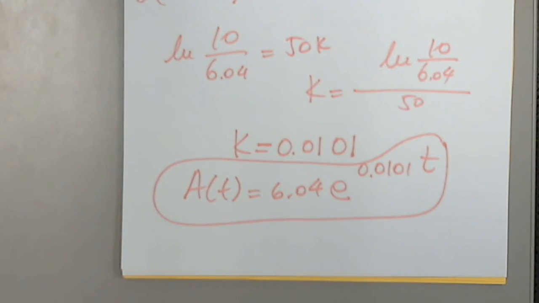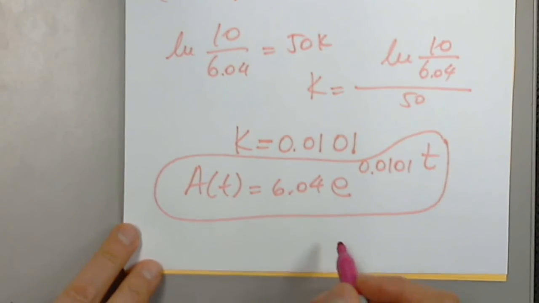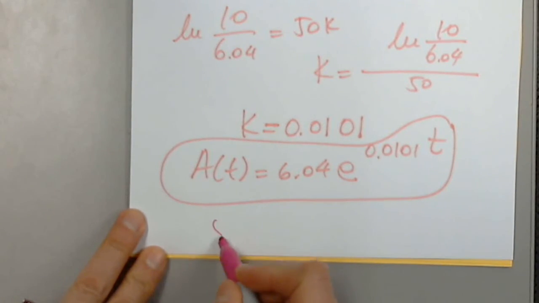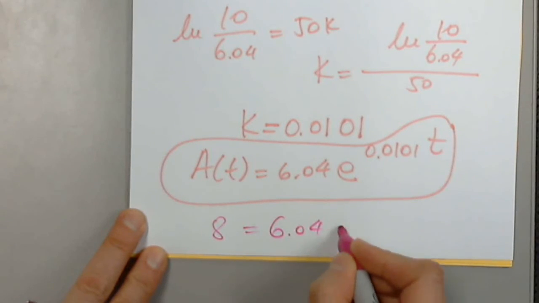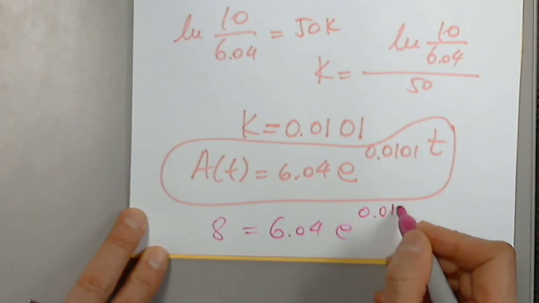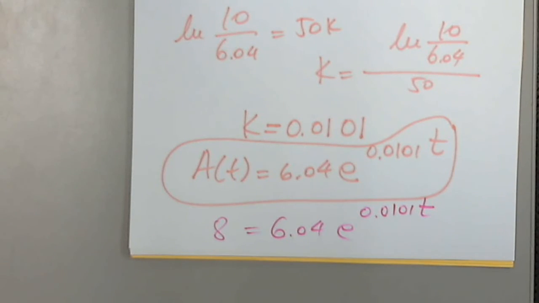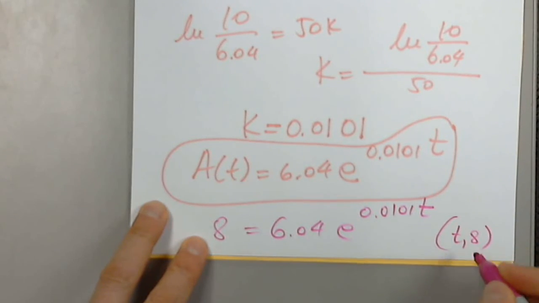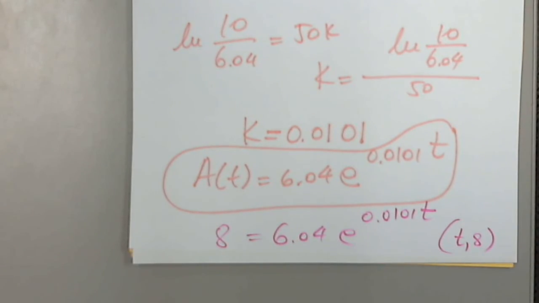No, 8 is not time. 8 million is the people. 8 is the y. So what do I write? 8 equals. Very good, because we are trying to find when it's supposed to reach 8 million. So now the ordered pair is t comma 8, and t I don't have.